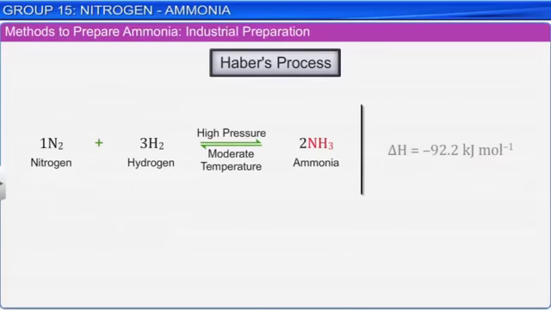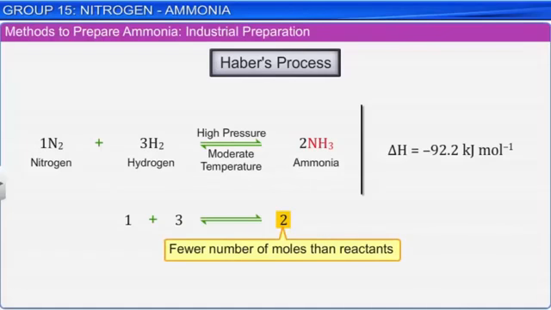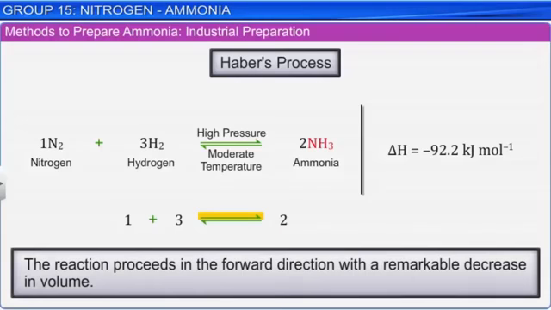The reversible thermochemical equation corresponding to this reaction is shown here. From this equation, it is evident that the formation of the product is associated with fewer number of moles. In other words, the reaction proceeds in the forward direction with a remarkable decrease in volume.